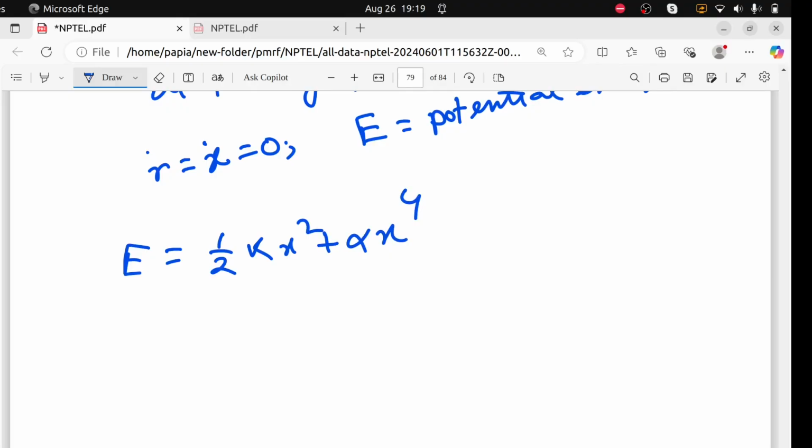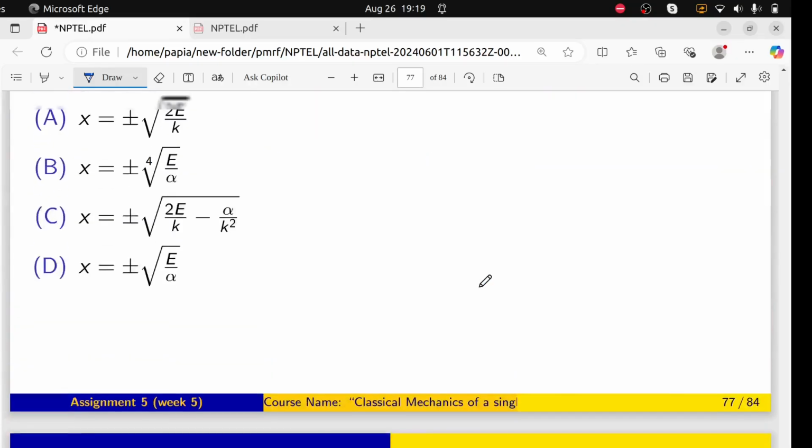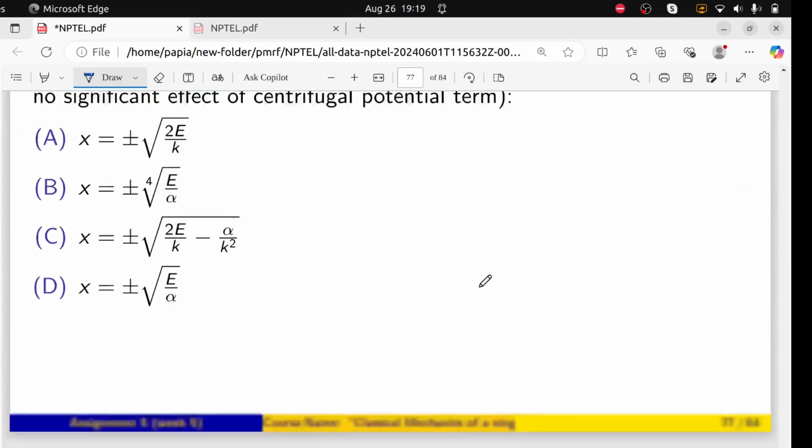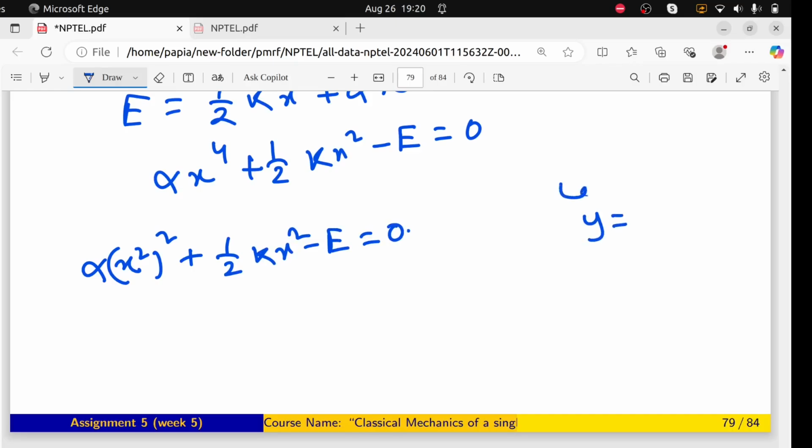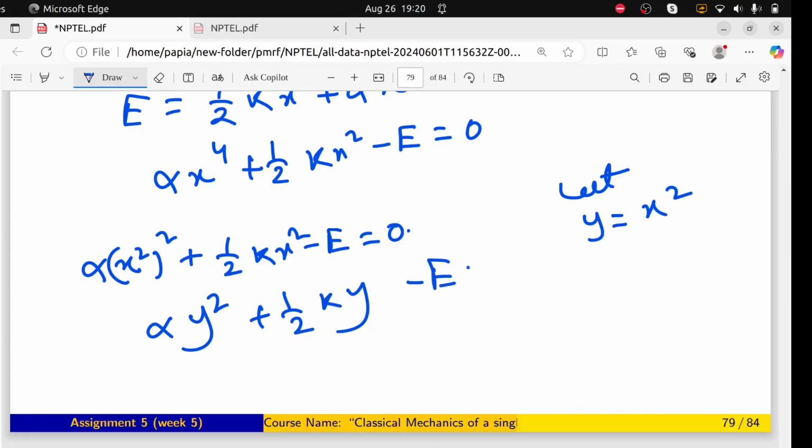So alpha x to the power 4 plus half k x square minus E equals 0. From here they basically want to know the value of x. So this is a second order equation in x square, alpha x square square plus half k x square minus E equals 0. Now let's put y equals x square. So it will be alpha y square plus half k y minus E equals 0.